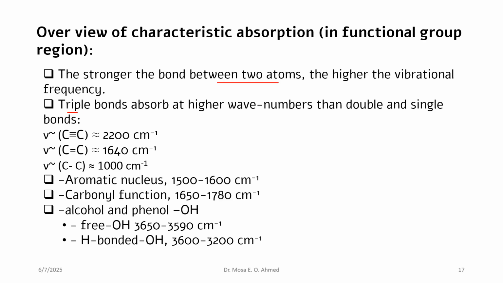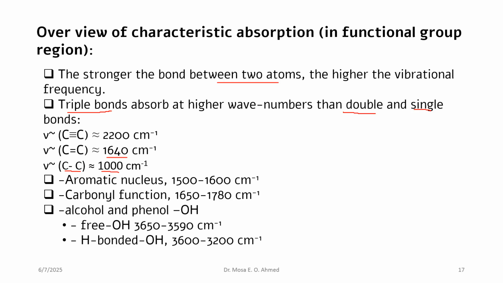So the triple bond absorbs at a higher wave number than the double bond and single bond. The triple bond has a wave number at 2200, the double bond has absorbance at 1640 centimeter minus 1, while for the single bond the wave number is 1000.